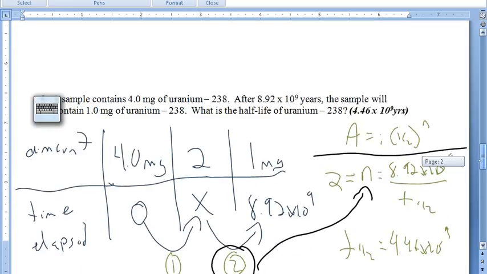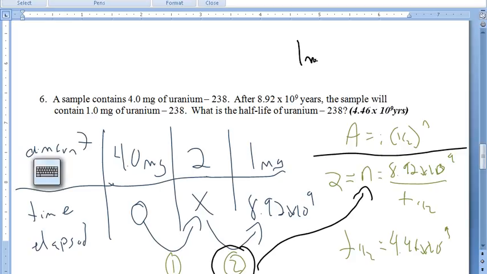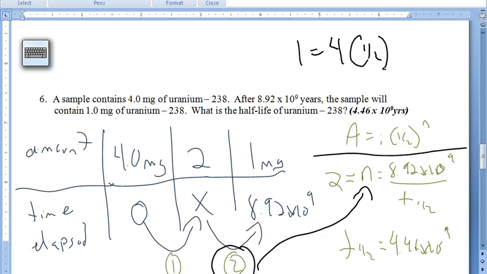You can use the equation where A is the amount after the half-lives happen, which is 1 milligram, equals the initial amount, which is 4 milligrams. And again, you can solve for the half-life.